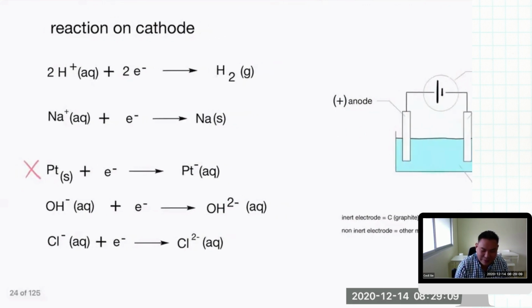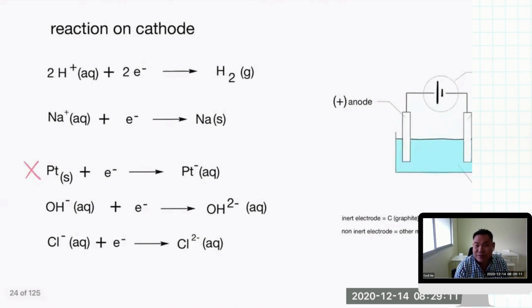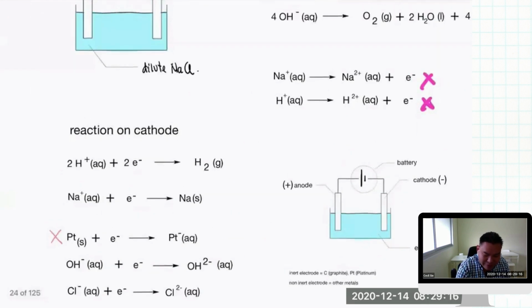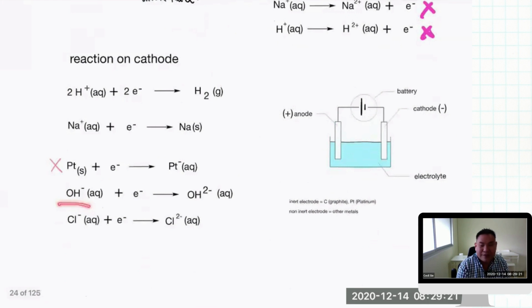The other two substances: OH minus from water, right? So remember, this is dilute sodium chloride, which means it contains water, and there are OH minus in water. OH minus is already negatively charged, it's a negative ion. It's very difficult for you to reduce it even further to O H2 minus. It's almost impossible. So it's not reacting. The same thing happens to Cl minus.